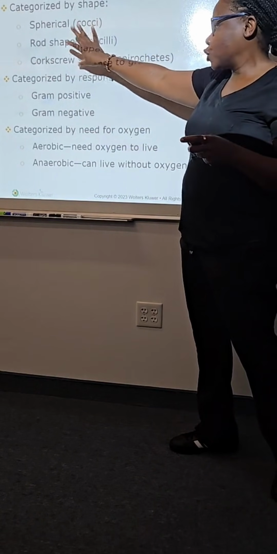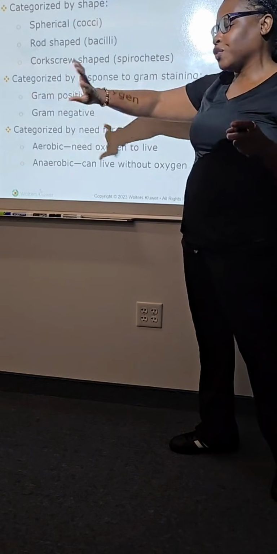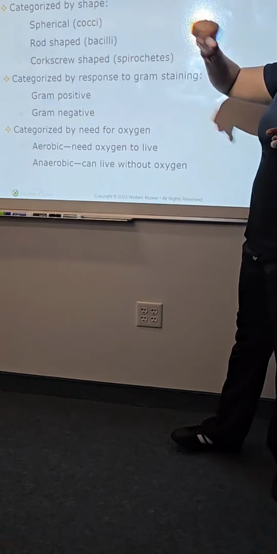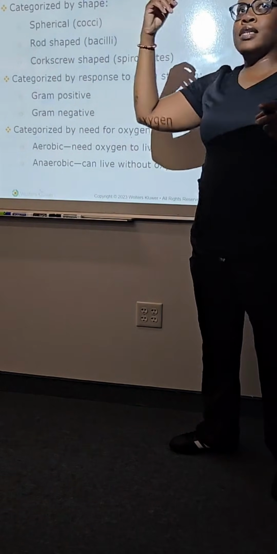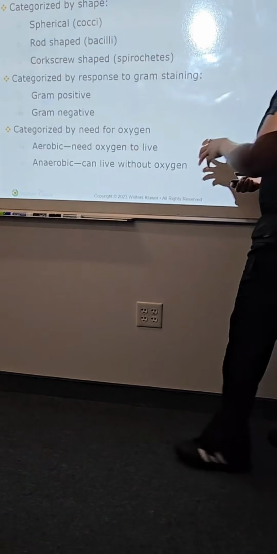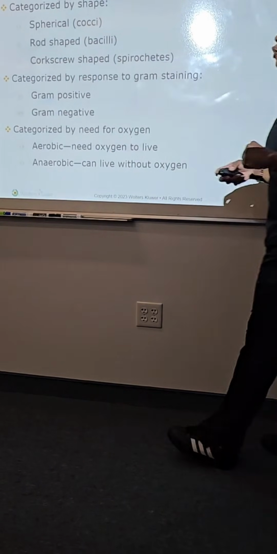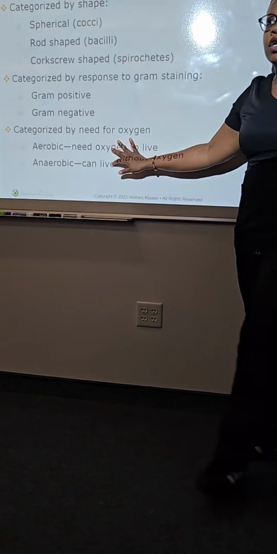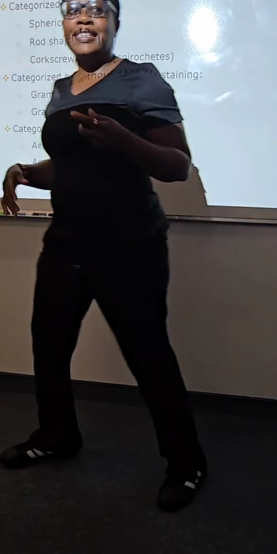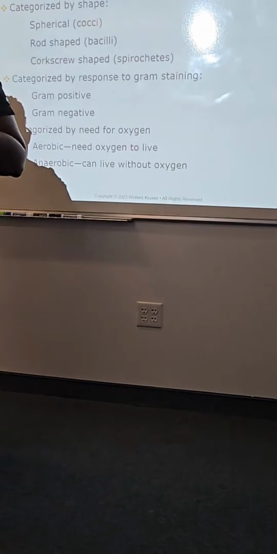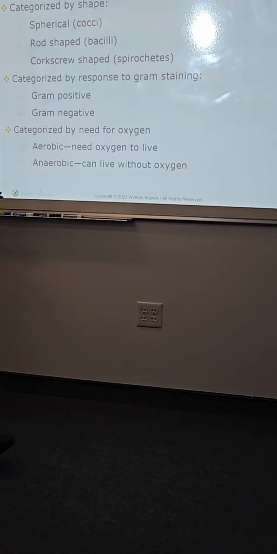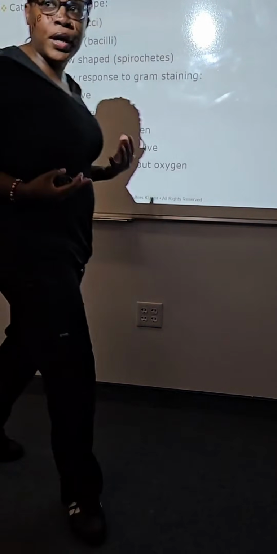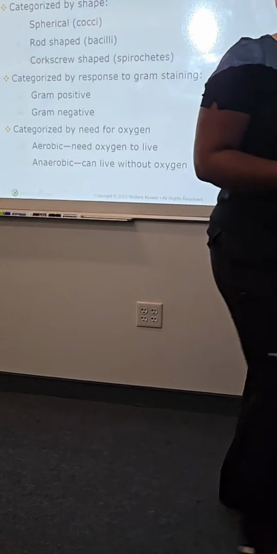That I don't really stress too much on testing. You should also be familiar with categorization by response to gram staining. But definitely, does this bug require oxygen or not to live? You need to know this, because this also, like Anton was saying, is going to determine how we are going to care for the patient.